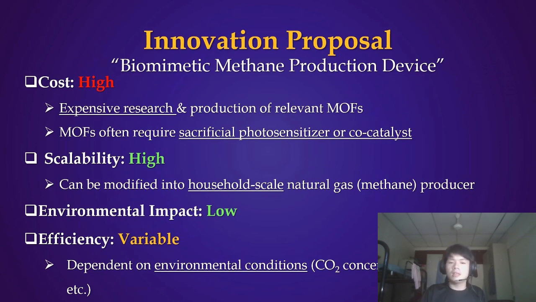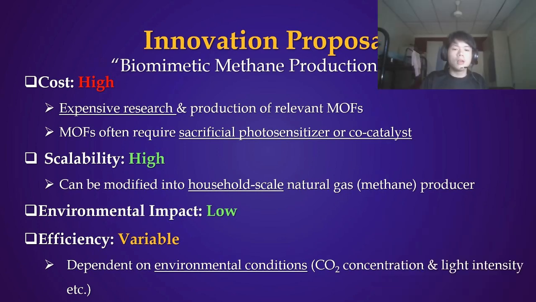The scalability of the proposed product is very high because it can be scaled down into a household-scale natural gas producer, as methane is the major component of cooking gas. The environmental impact from this device is low to none.